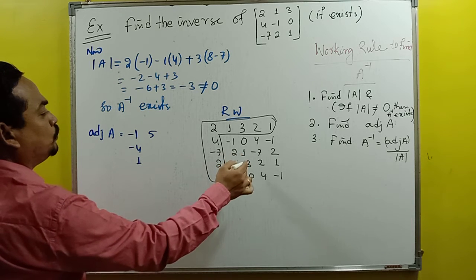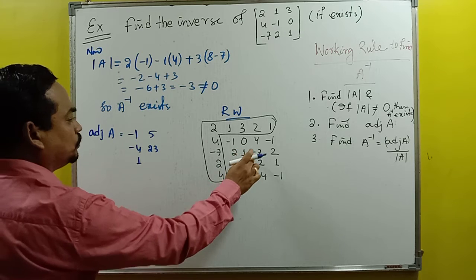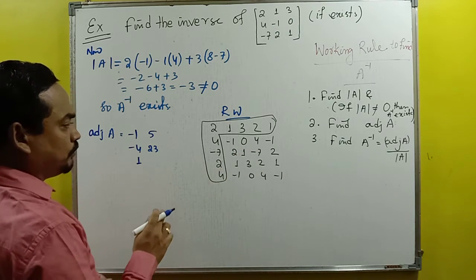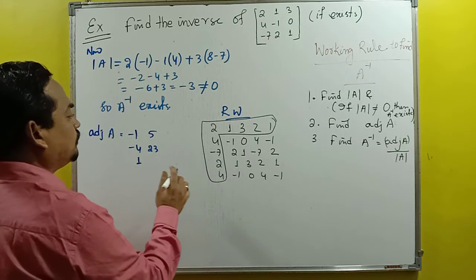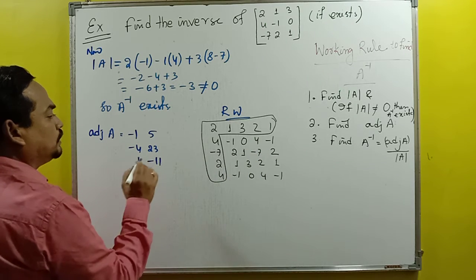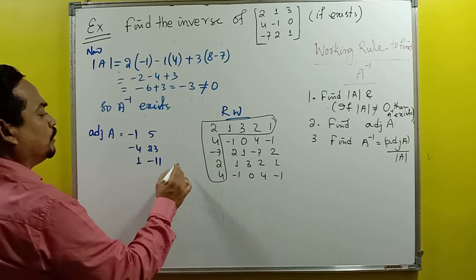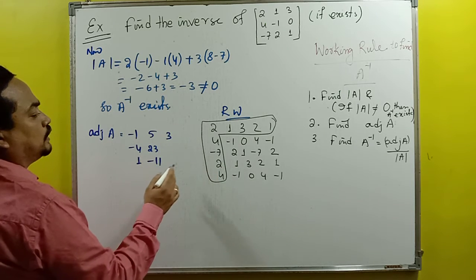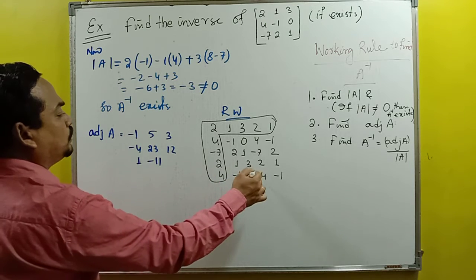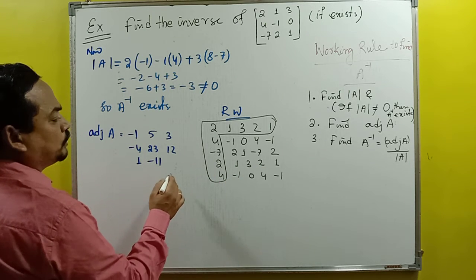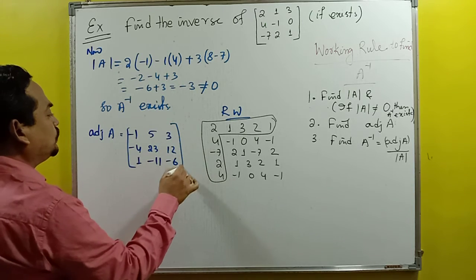It is 2 plus 21, which is 23. Then this is minus 7 minus 4, which is minus 11, and this is 0 plus 3, which is 3. It is 12, and this is minus 2 minus 4, which is minus 6. So this is your adjoint.